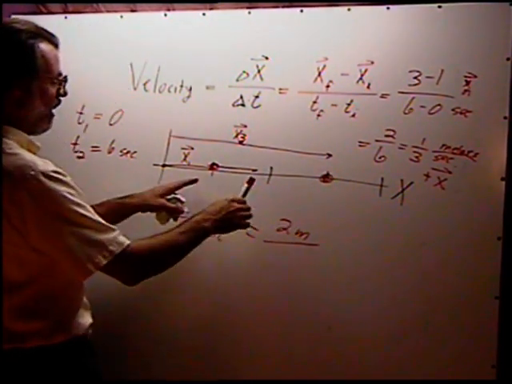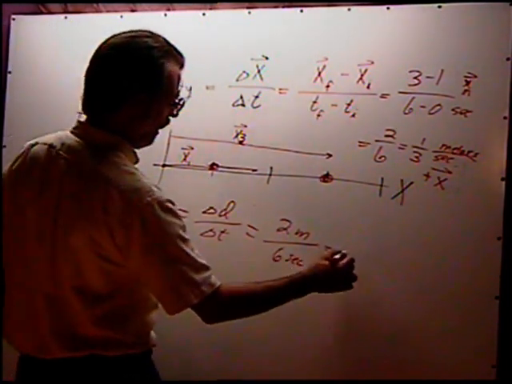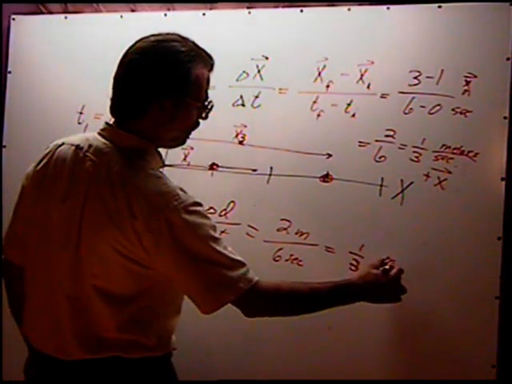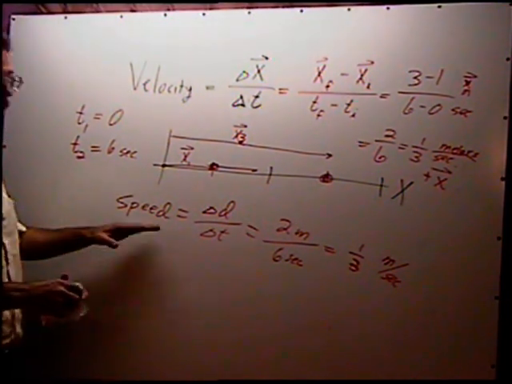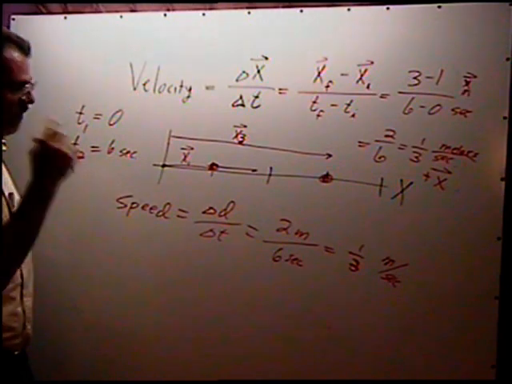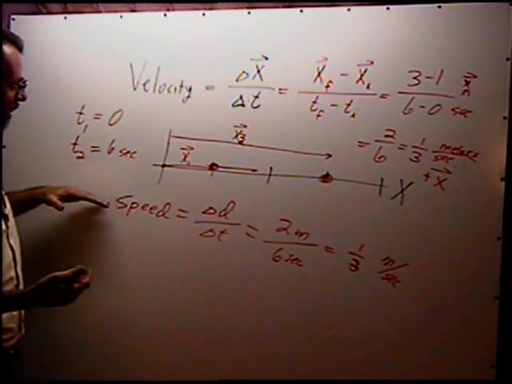The change in time from here to here is 6 seconds. And again, I come up with 1/3 meters per second. Numerically it's the same, but there's no sense of direction here. So this gives you an idea of how you calculate velocity versus how you calculate speed.